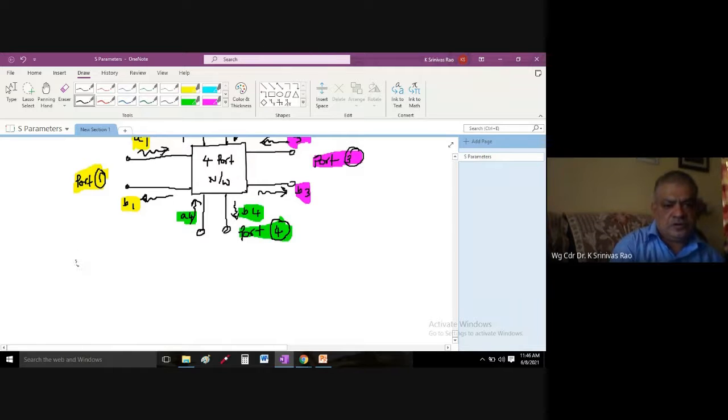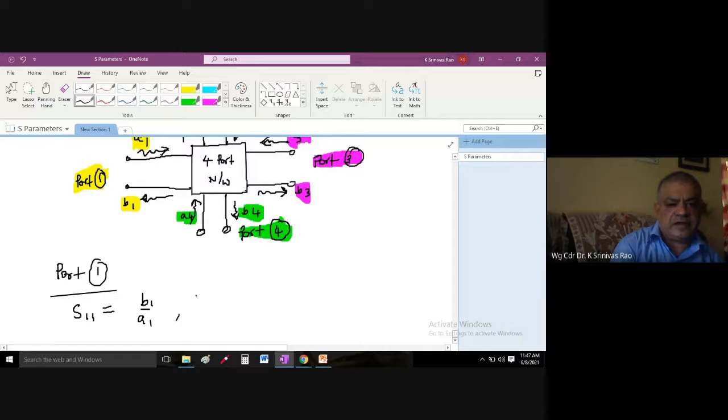Let us consider port 1 first. For port 1, I can write the parameters S11. S11, we all know, is the reflected signal by the incident signal, so this is B1 by A1.